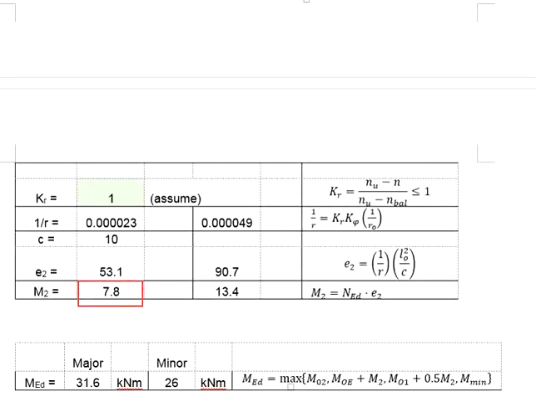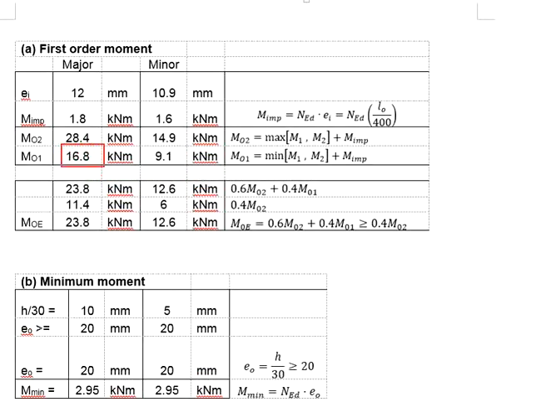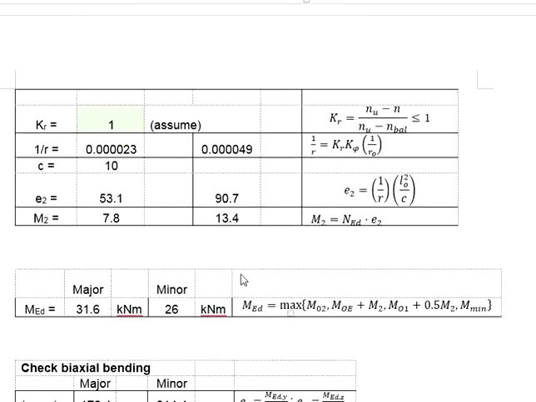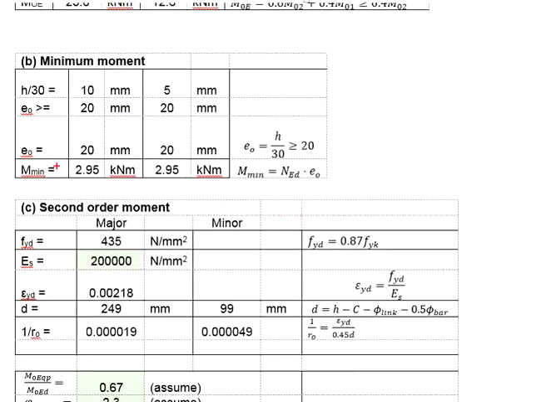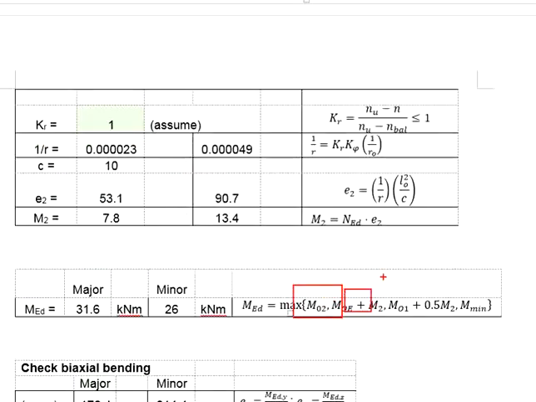M2 equals 7.8. The third item, M01 plus half of the M2. M01 is 16.8 plus M2, 7.8 divided by 2. And then lastly, your M min, which equals 2.95. Among the four items here, you get the largest value, which gives you 31.6 kNm.